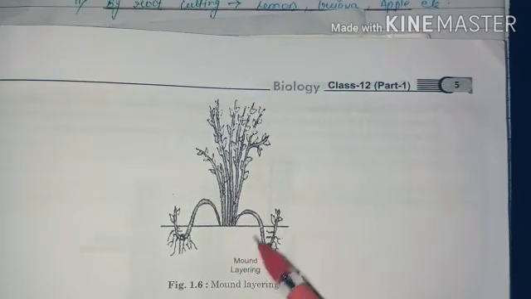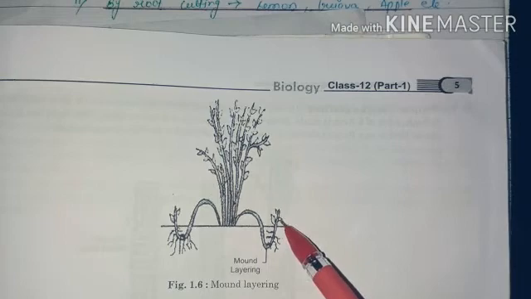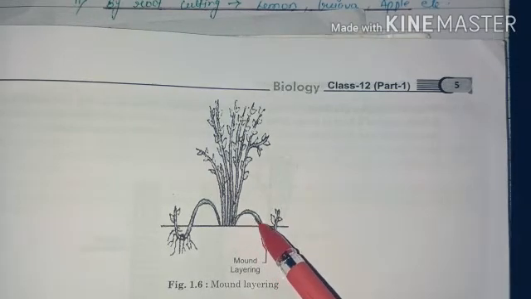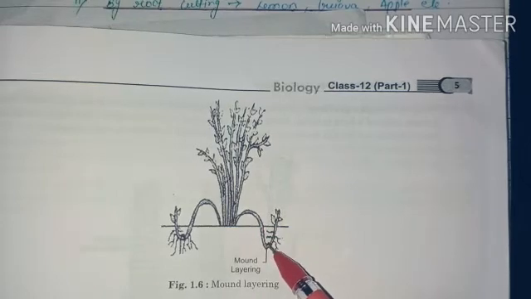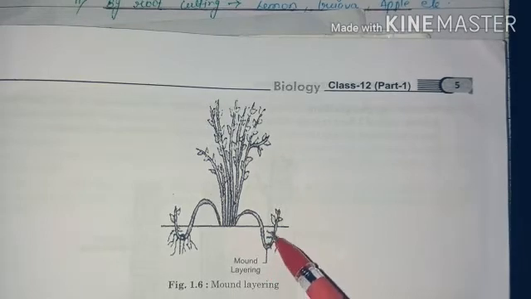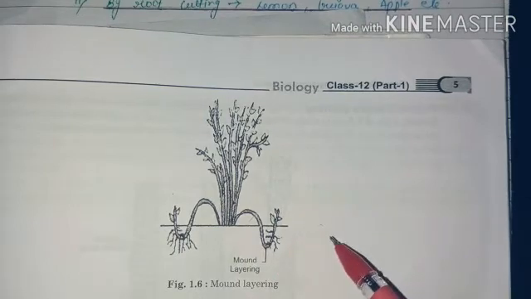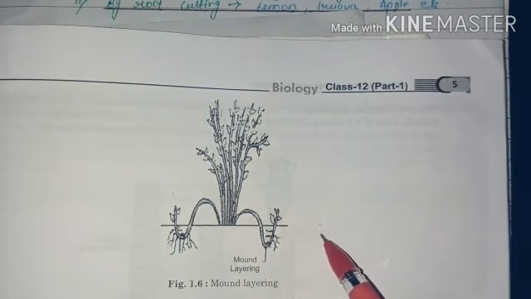Down is the soil surface and above is air. The tip part should always be above the soil surface, and the flexible stem branch should be buried under the soil. After some time roots arise from this part, and later we detach it from here and grow a new plant at some desired place. This process is known as mound layering.